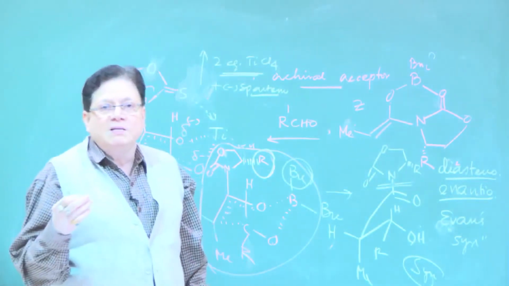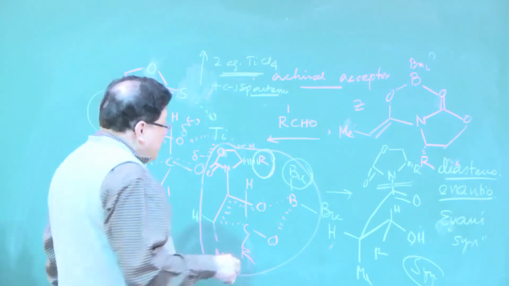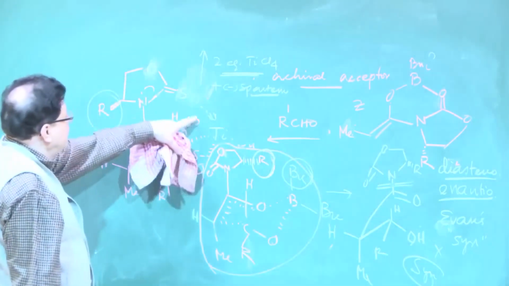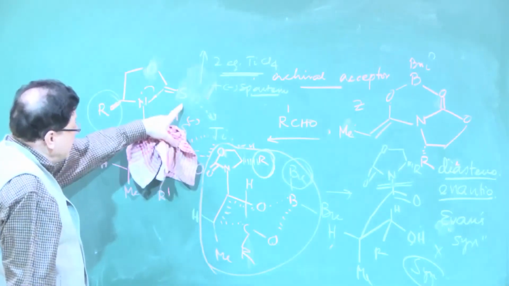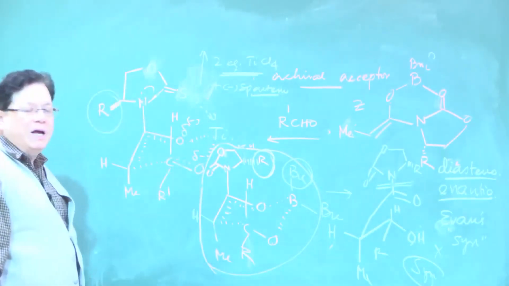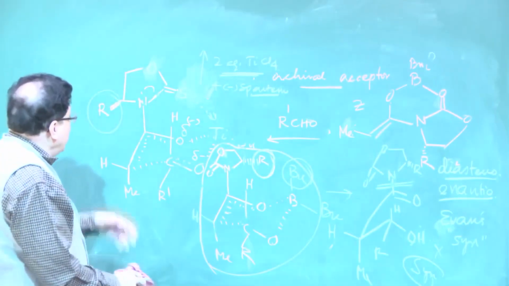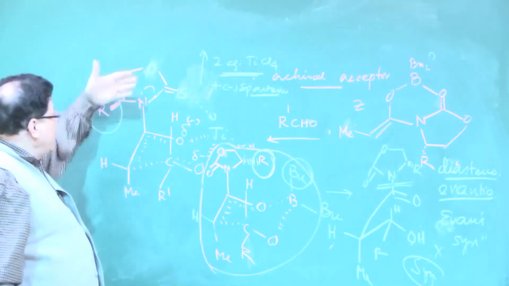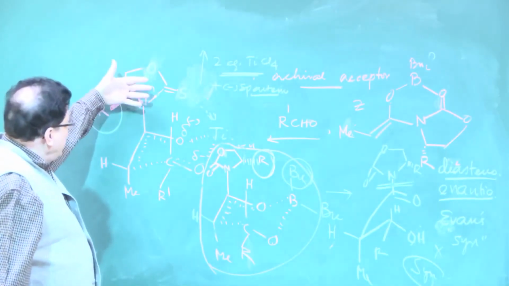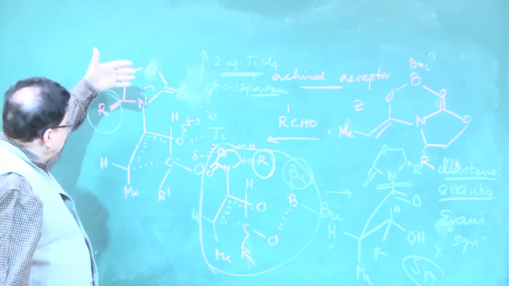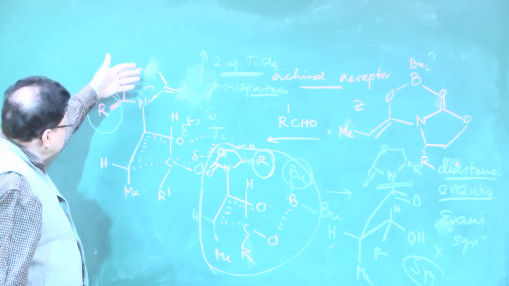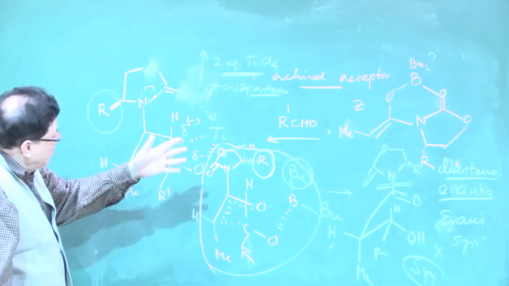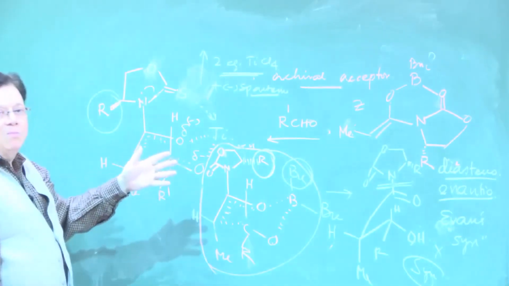So, you cannot get this Evans syn product if you have two equivalents of titanium and this complex forms. In that case, the aldehyde will definitely come from the opposite side, from behind the board, and this thioxazolidinone will come from the front of the board.